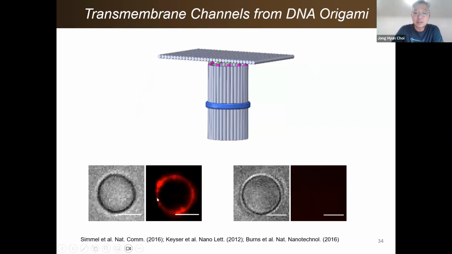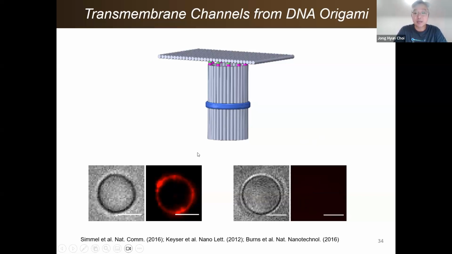On the left, we modified the DNA origami channels with some fluorophores so that they show up here. Without the DNA origami channels, obviously there's nothing there. This is a fluorescence image and the graphite image, so the giant vesicle is there, but you don't see any DNA origami pores.